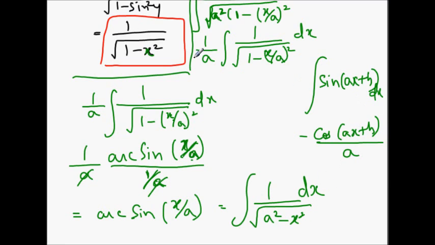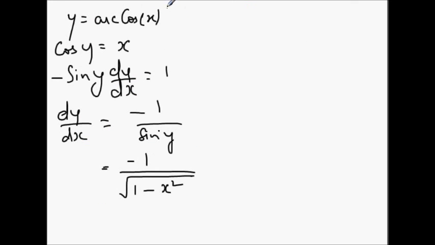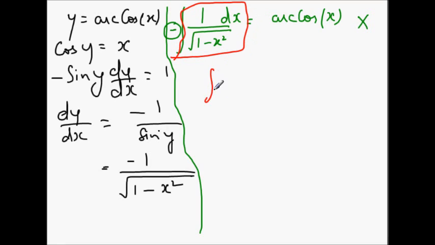Hope this is clear. Now let's do arc cos. So we'll be finding minus 1 over square root of 1 minus x square dx. We can just write this as arc cos x, but usually we don't use this. Why? Because this is minus, and if you look at this part, which is integral 1 over root of 1 minus x square dx, we just now saw that this is equal to arc sine x, right?